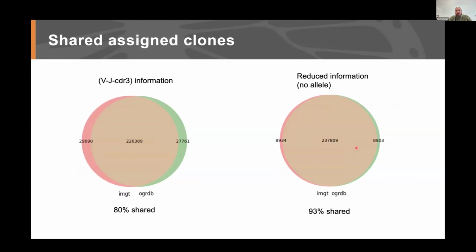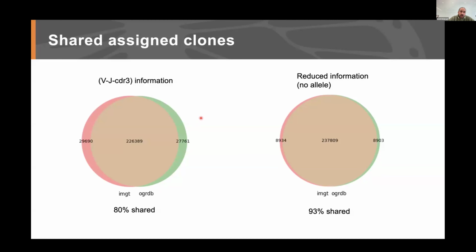So with that, we analyzed the data from our samples using pRESTO, IgBLAST, and parsed with Change-O, using either IMGT or OGRDB germline databases.